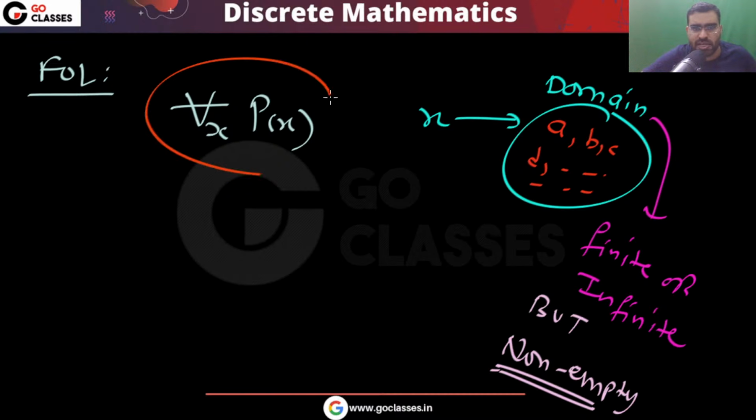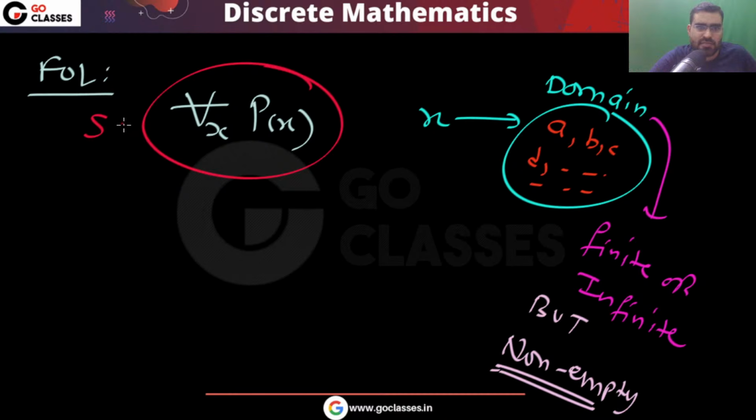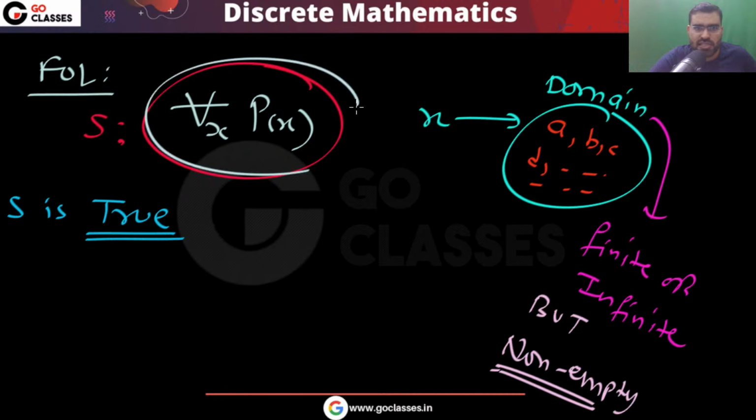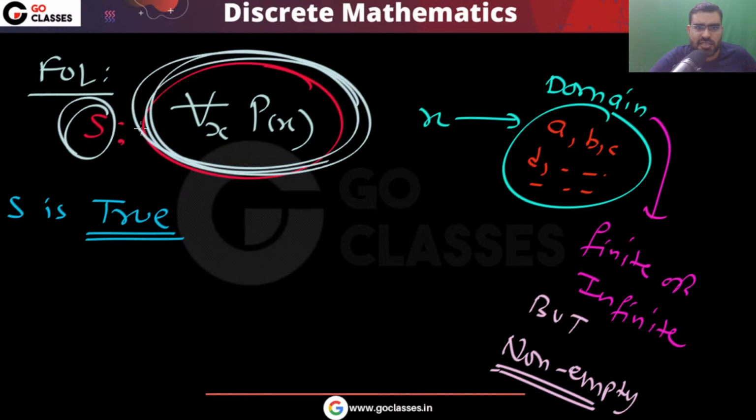Now this is your statement, for all x, px. Let's call it s. Now when will s be true? Tell me. This statement s is saying that for every value of x, px is true.